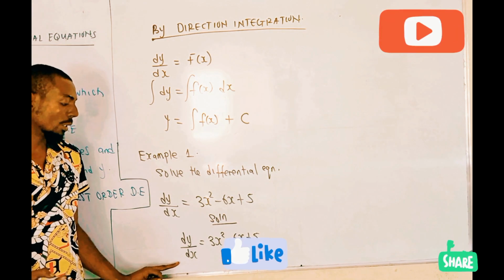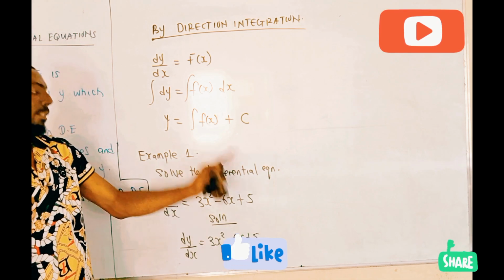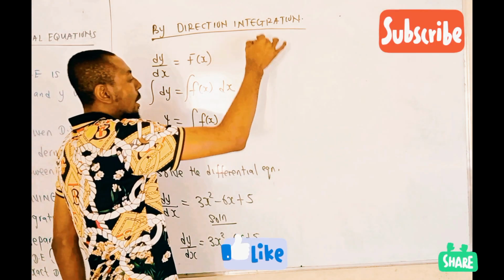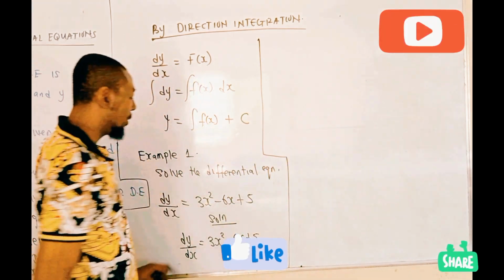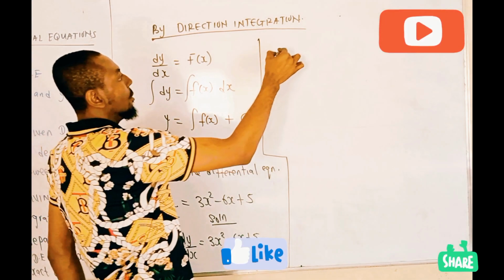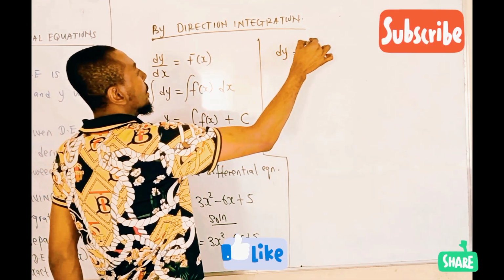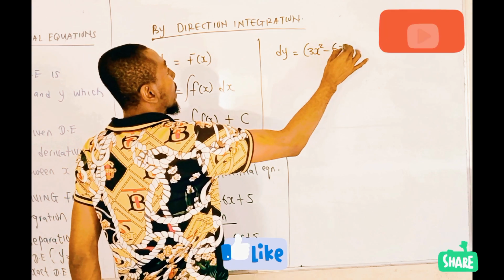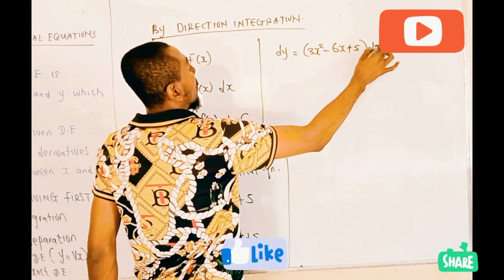So the first thing to do is to cross the dx to this side, since this particular question is already in this form. Therefore, we can use direct integration. Crossing the dx to this side, we have dy is equal to 3x squared minus 6x plus 5 dx.